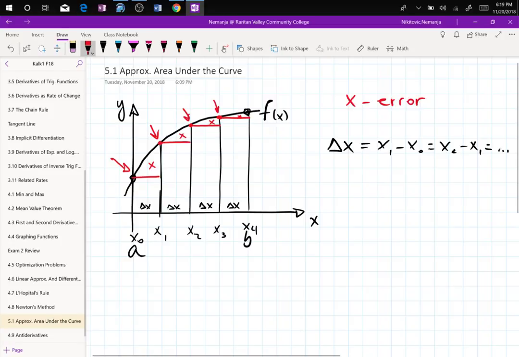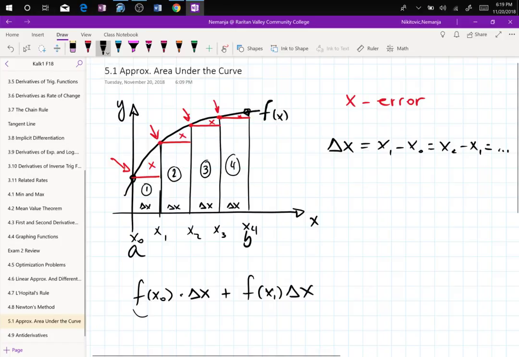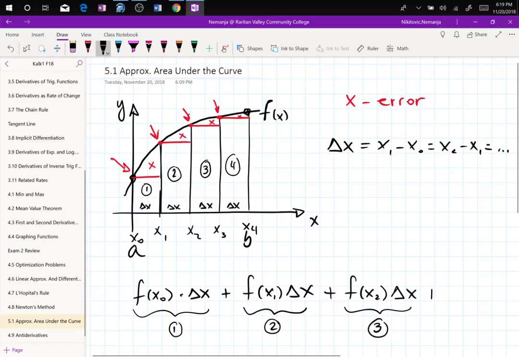So I'm going to use f of x0 times delta x as the area of the first rectangle, plus f of x1 times delta x for the area of the second rectangle. So these are rectangles 1, 2, 3, and 4, plus f of x2 delta x for area number 3, and then plus f of x3 times delta x for rectangle number 4.